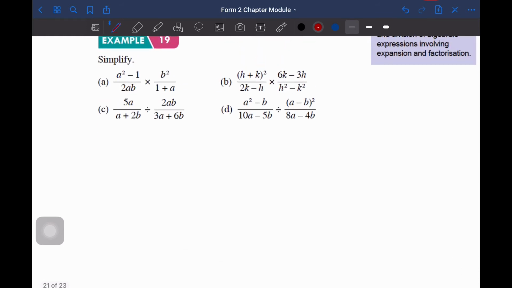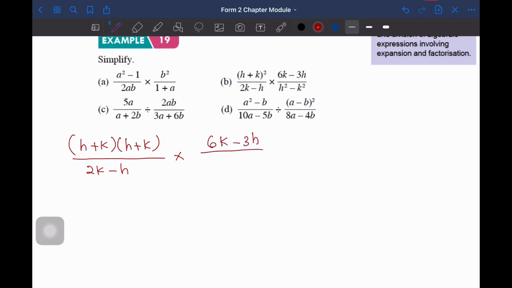Okay, B we have H plus K square kan, so 2 kali H plus K over 2K minus H times 6K minus 3H over H square minus K square. Okay, ingat yang ni mesti atas ni boleh cancel bawah, yang sini boleh cancel atas.